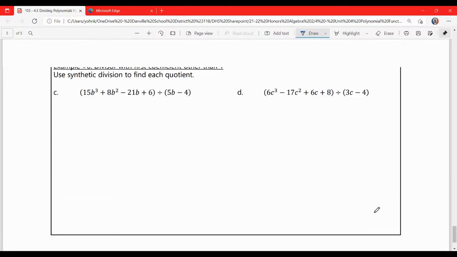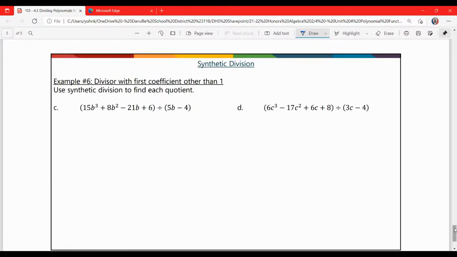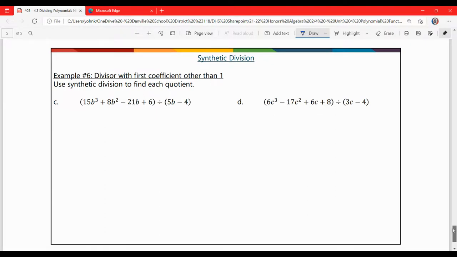All right, last examples. For letter C, we need to divide everything by 5 before we do anything. Also check your powers. I have 3, 2, 1, none, so I don't have to add any placeholders. So this becomes 3b cubed plus 8/5 b squared minus 21/5 b plus 6/5 divided by b minus 4/5.